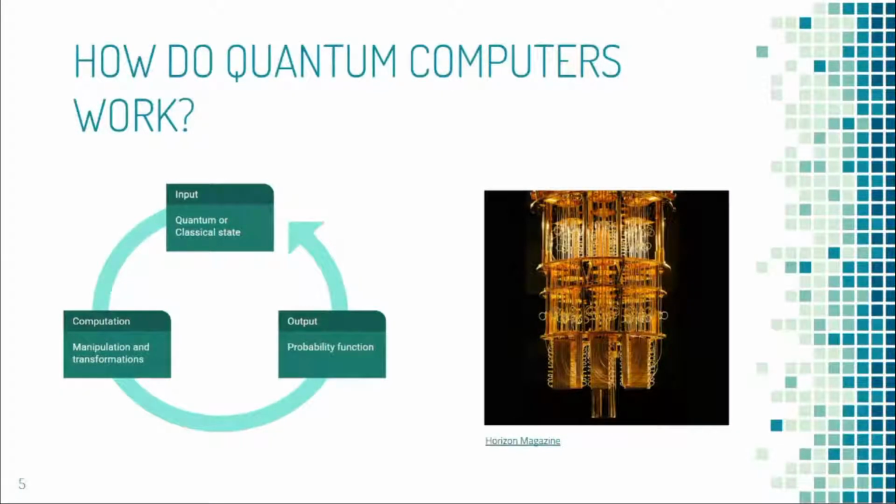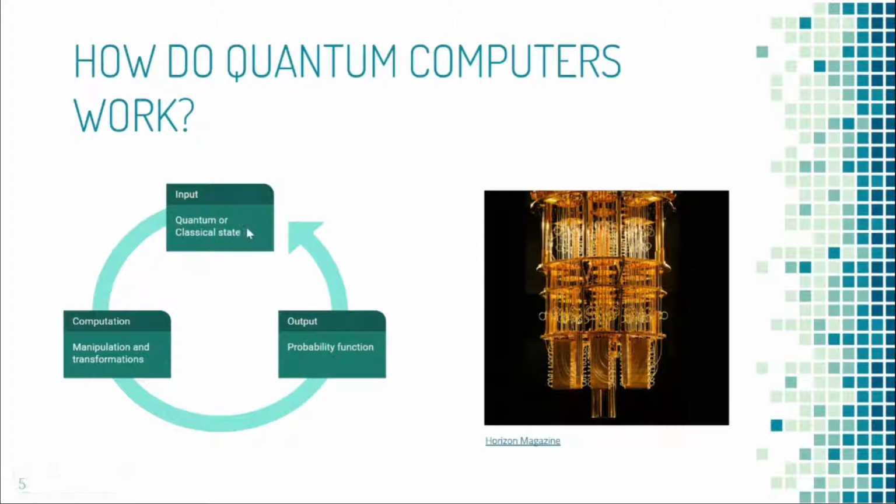Now, how do quantum computers work? So a quantum computer takes input as some quantum or classical state. This is possible because quantum computers can accept classical states just as much as they can accept quantum states, because a classical bit of 1 or 0 is a possibility for the state of a qubit.